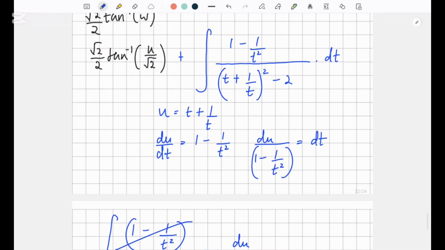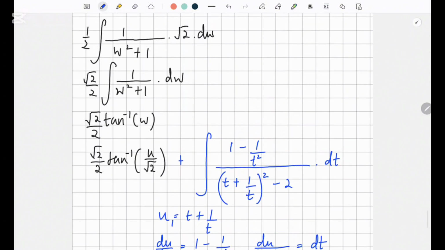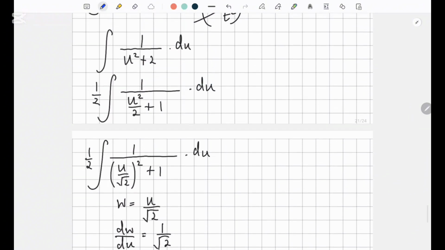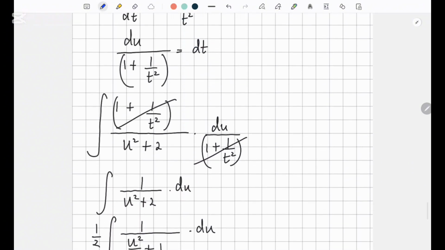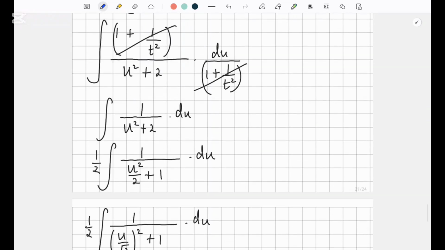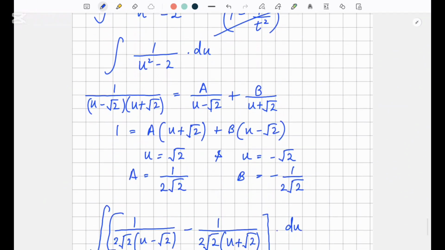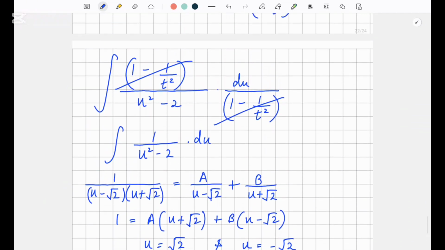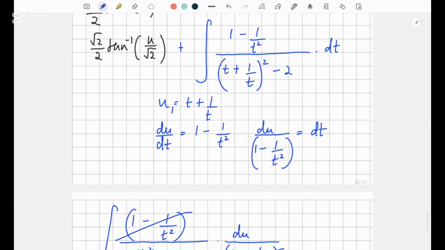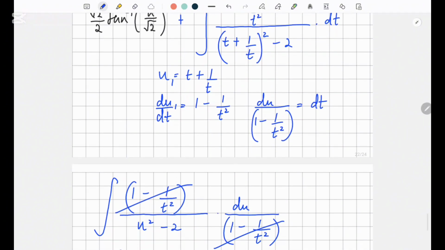I'll take this as u dash, okay? Because the substitution I took for this is different, and the substitution for the previous part was different, right? Because it was u equals t minus 1 over t. So I'll make this u dash.